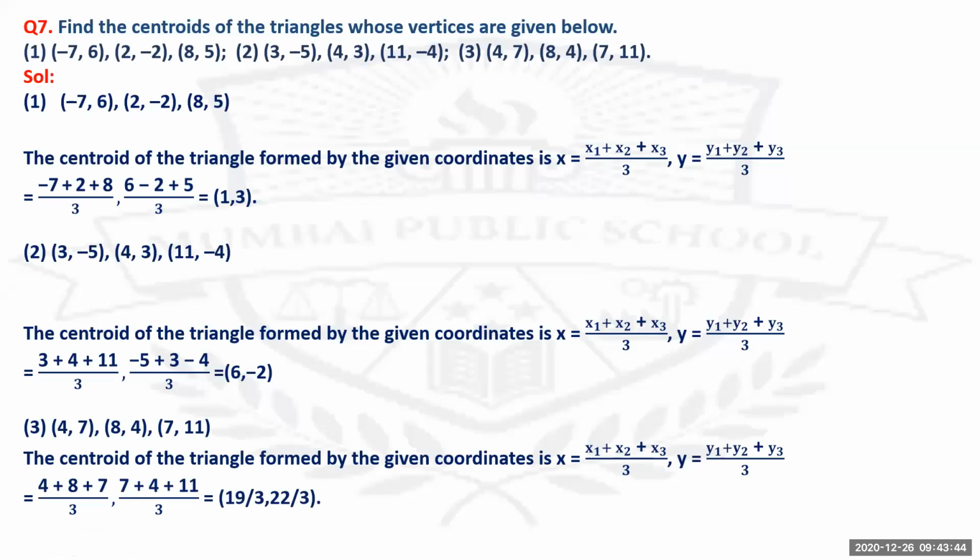After substitution and addition of all the x values and the y values, you get 4 plus 8 plus 7 upon 3 and 7 plus 4 plus 11 upon 3. So the answer is 19 upon 3 comma 22 upon 3.